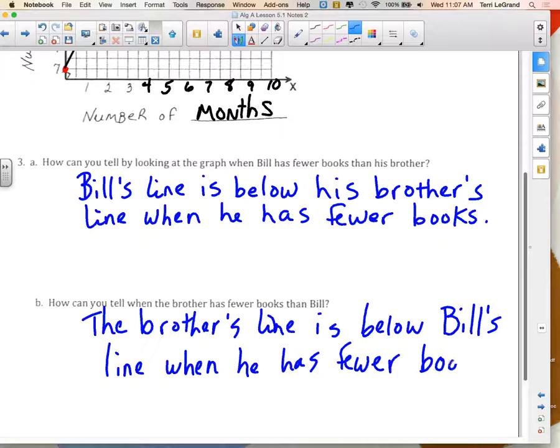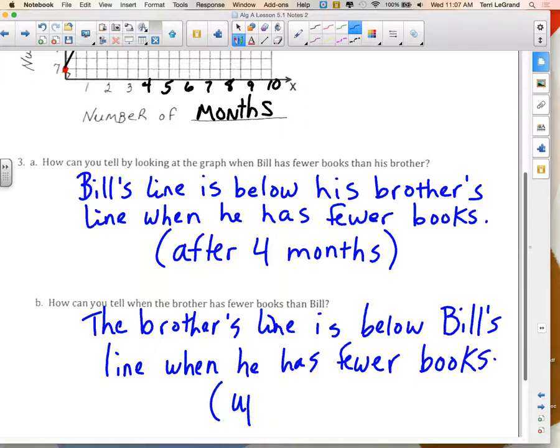You know what, let's do what we were saying, and we didn't put it up here, but we will. Bill's line is below his brother's after 4 months, and the brother is below up to 4 months.